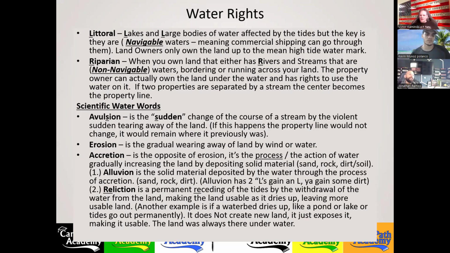So we have to replenish our beaches here in New Jersey every now and then in certain areas with new sand, right? So erosion is the gradual wearing away of land by the wind or water, whereas avulsion is the sudden change of a course of a stream.